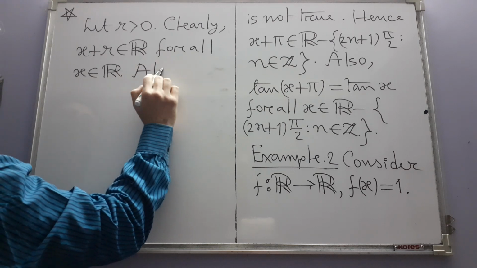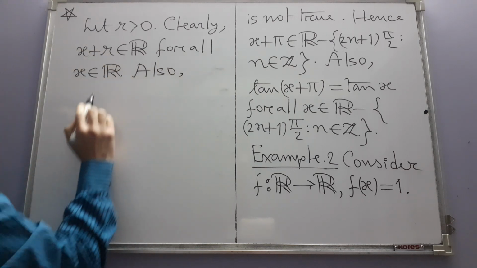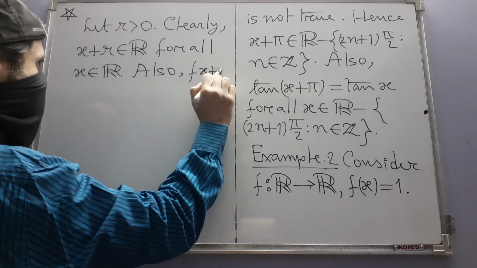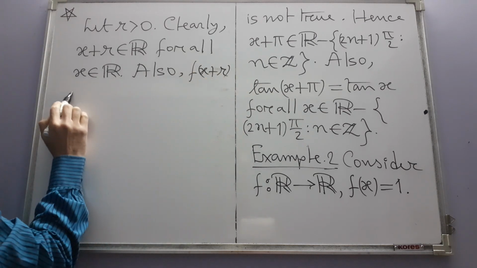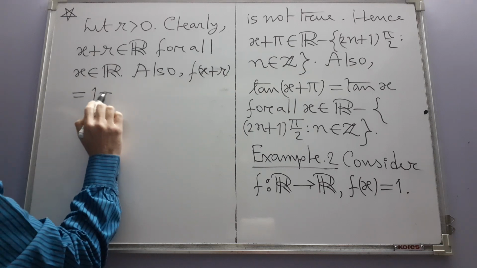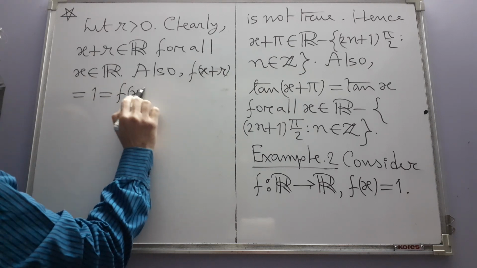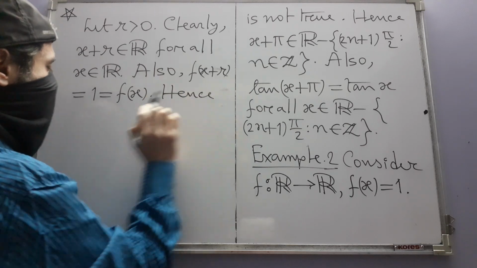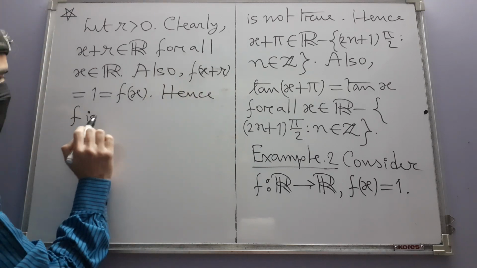Also, f of x plus R is, after all, it's the constant function, so this is 1, which is also equal to f of x. Hence, f is periodic.